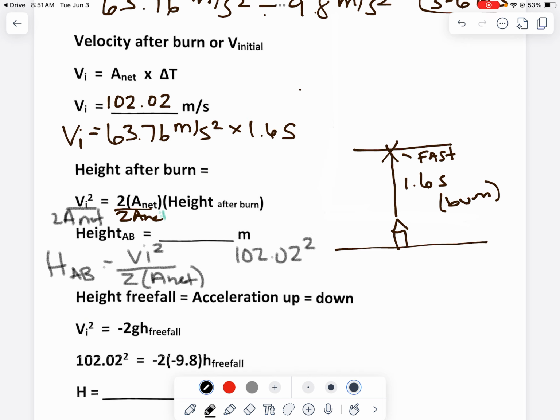We're going to square that. Divided by 2. Put these in parentheses when you do this, because if not, you'll be dividing by things. Times our acceleration net, 63.76. Definitely give this one a try before you check my answer, because a lot of people mess up on this one. So pause it right here, give this a try, and make sure you get what I get.